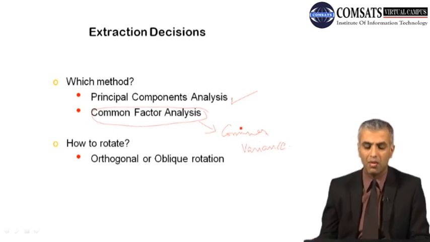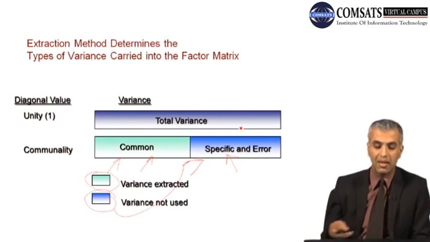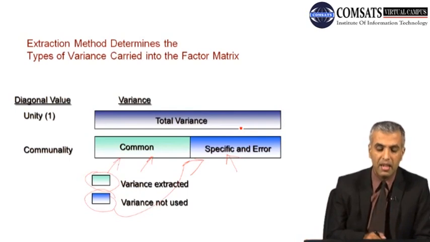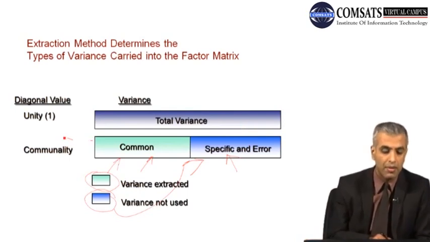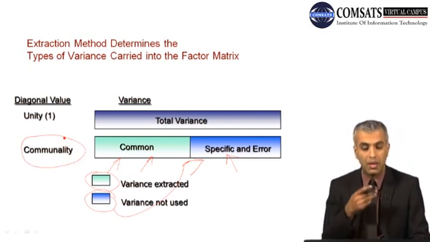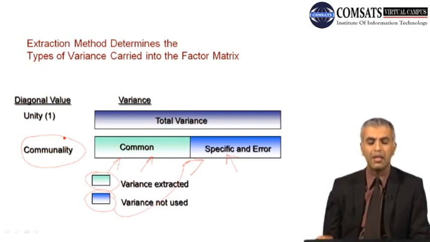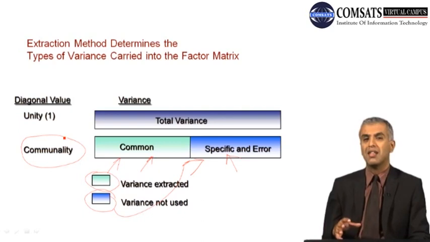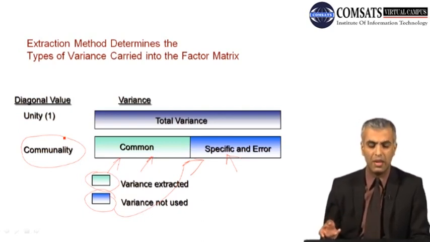Coming to our explanation, this explanation of variance within the total variance is also termed as communality, and this word would be used again and again further on, because communality is, in other words, the share of variance existing between these variables.